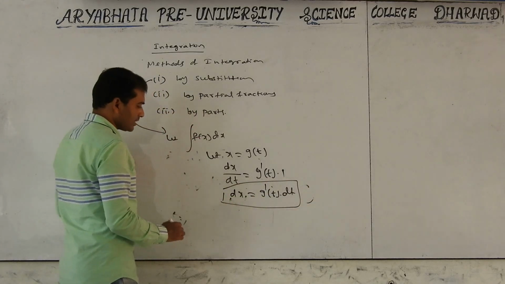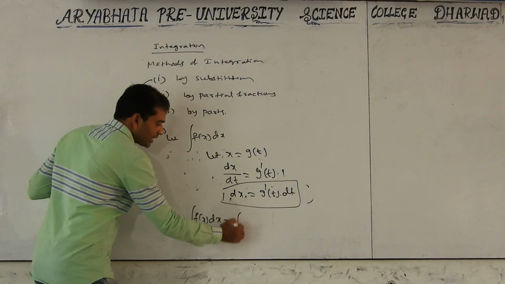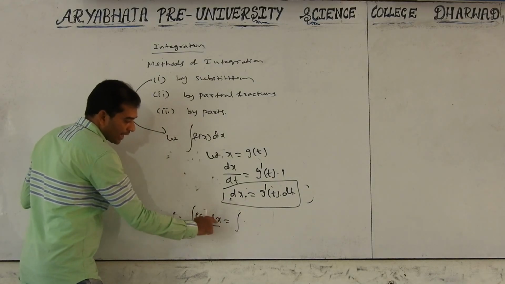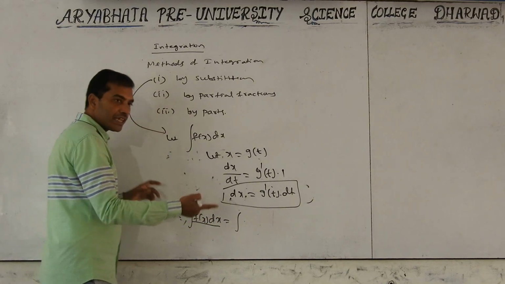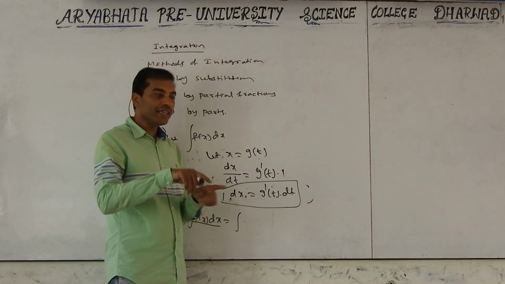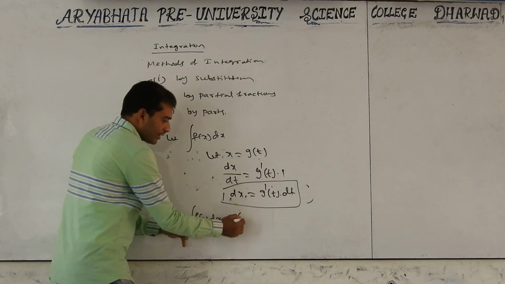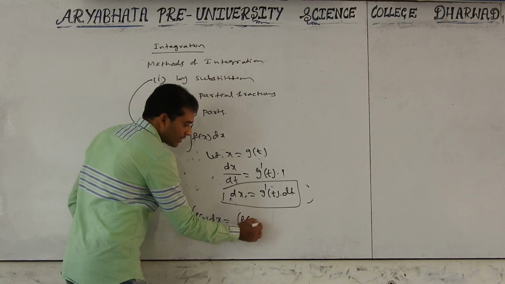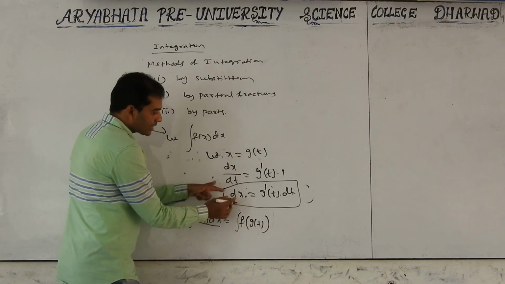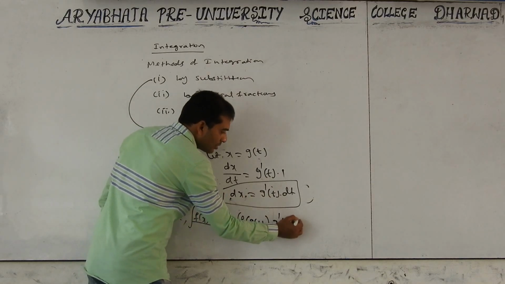While changing this integration of f of x dx, we have to change it. This is in terms of x with respect to x. Now we are going to change it with respect to t. Yes, f of g of t, where x is g of t, into dx equals g dash t into dt.